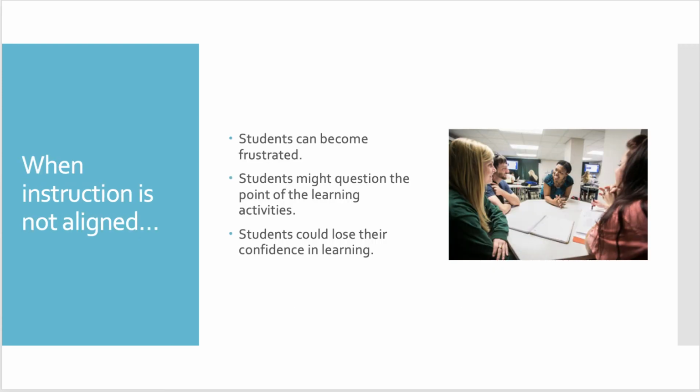A more significant result of this misalignment is that when students receive their papers or their test scores and notice lukewarm to low grades, they could become frustrated with the learning process and possibly conclude that learning activities are useless or that they're not capable of success.